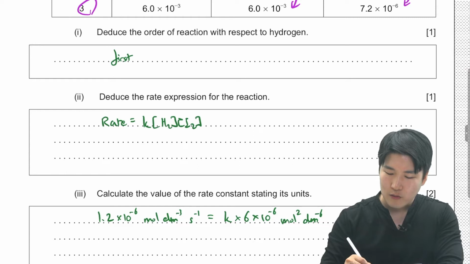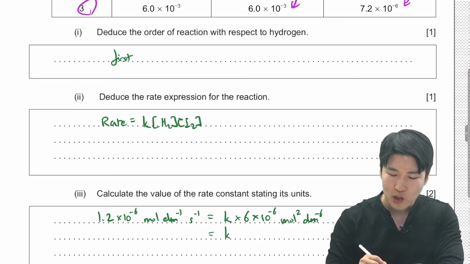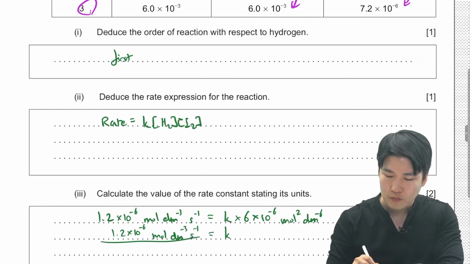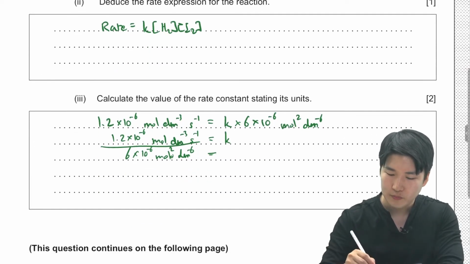Now let's flip the concentration values to the left side so that we can do the following division. Nice values so that we can easily do the calculation, probably without using the calculator. Let's attempt that.